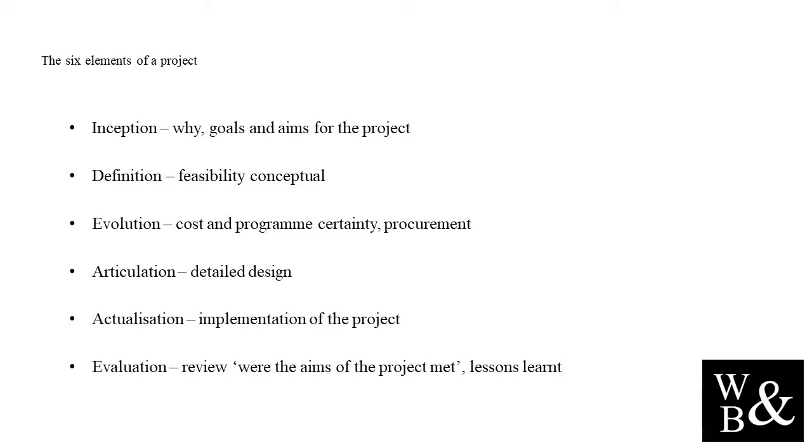To complete this element and to move on to actualization, we need to complete detailed design, update the whole project budget, update the health, safety, environmental and project risks register, update and close out assumptions on the assumptions and decisions register, implement the procurement strategy for the preceding elements of the project if needed.